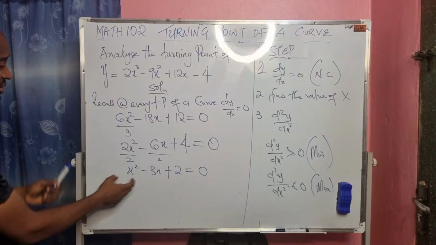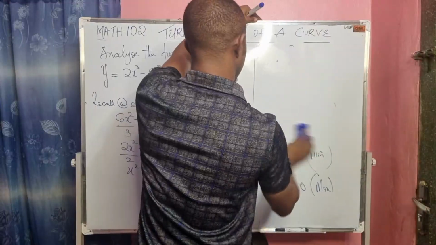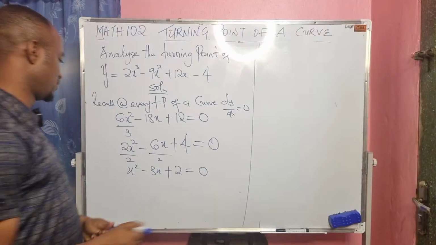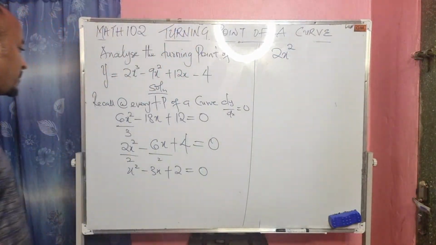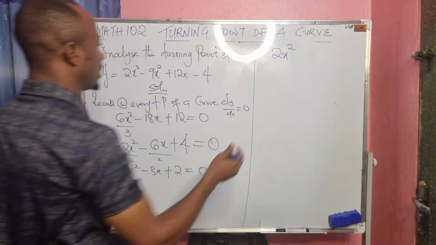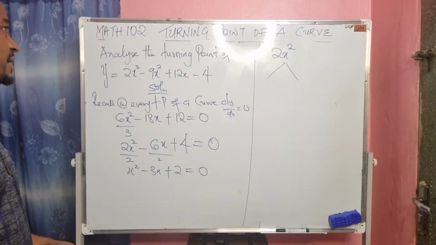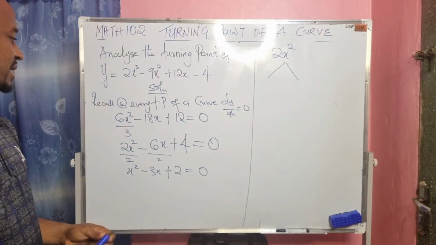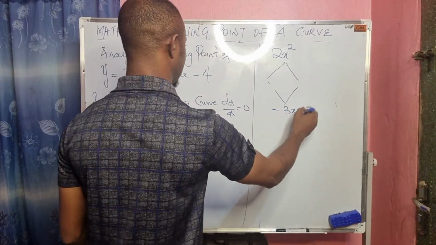And how do we factorize? Multiply the first term by the last term. x squared times 2 will give us 2x squared. We are going to look for 2 numbers that once we multiply them, the result will be 2x squared, and once we add, the result will be minus 3x.